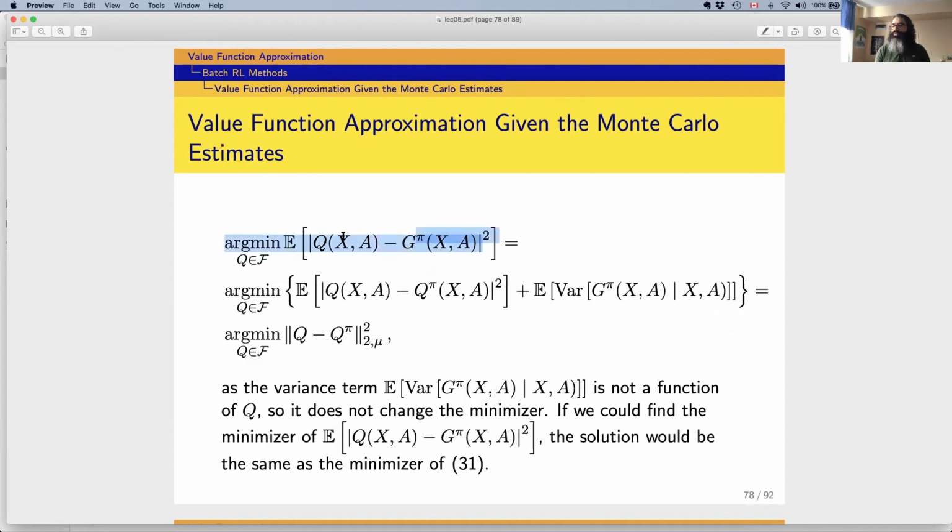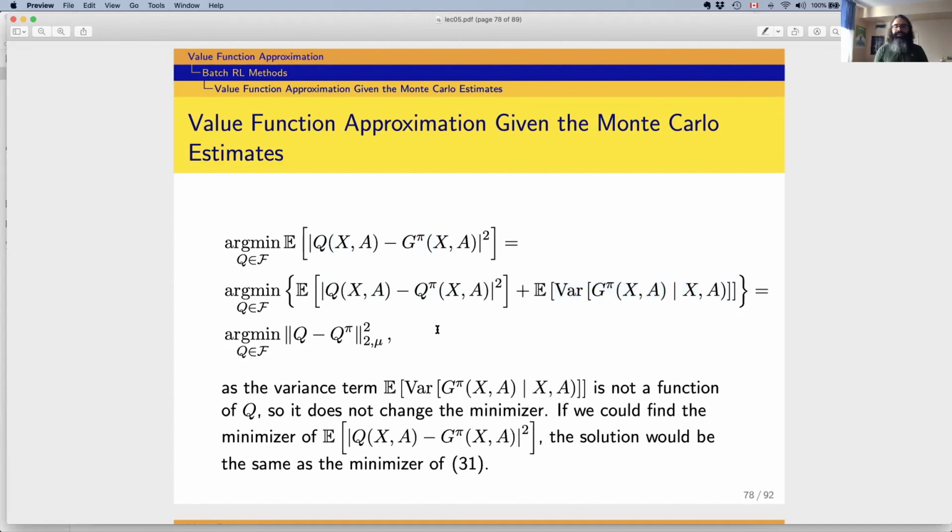This is what we can compute. If we have returns instead of Q pi, by the expansion that I showed, this is equivalent to the expectation of Q minus Q pi squared plus the expectation of the variance of G pi. And the last term was 0, so we don't have it.